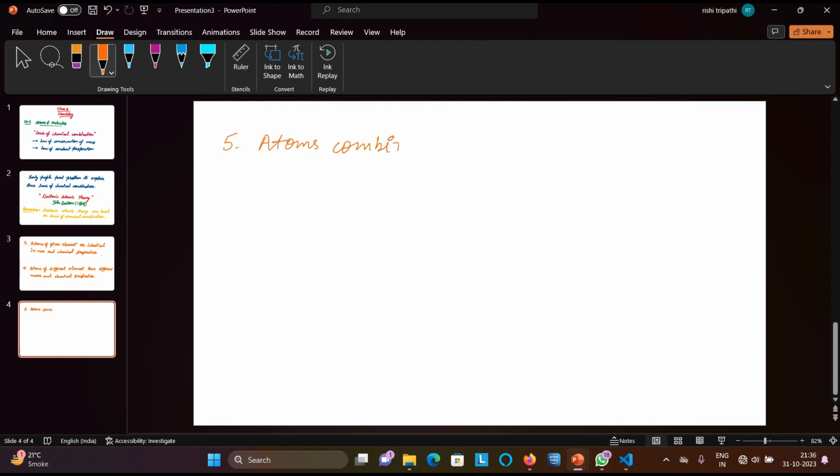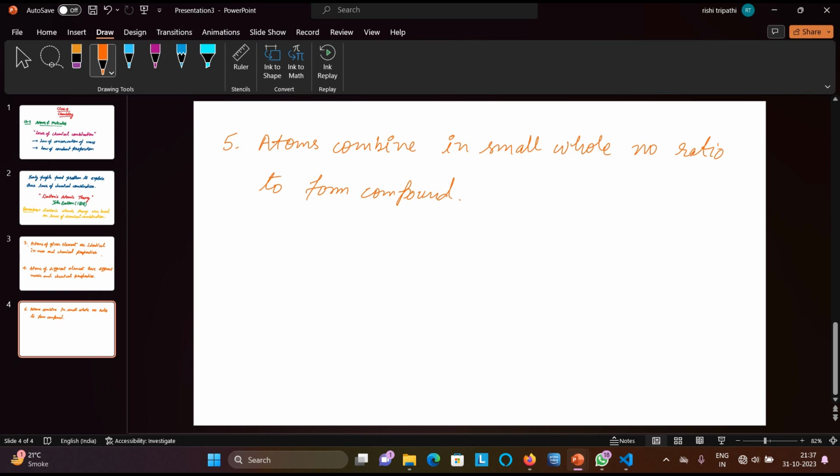This fifth postulate looks something known to us. If you recall the law of constant proportion, which was that elements combine to form a compound in a fixed proportion by mass, the fifth postulate, atoms combine in a small whole number ratio to form compounds, looks similar to the law of constant proportion.